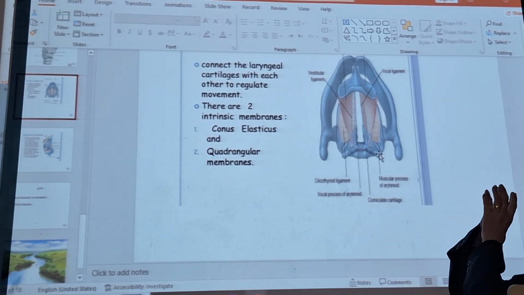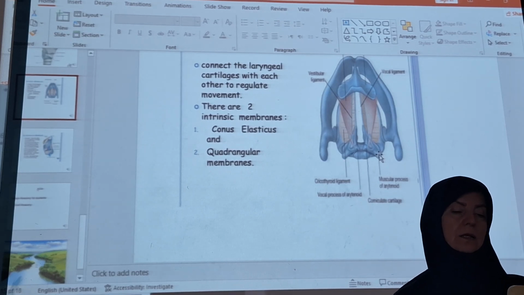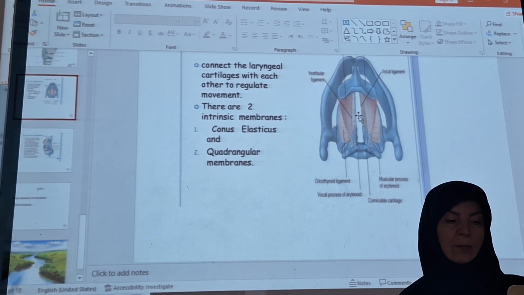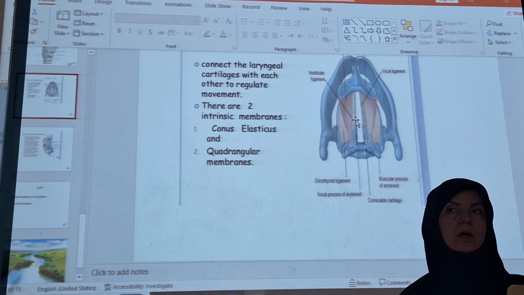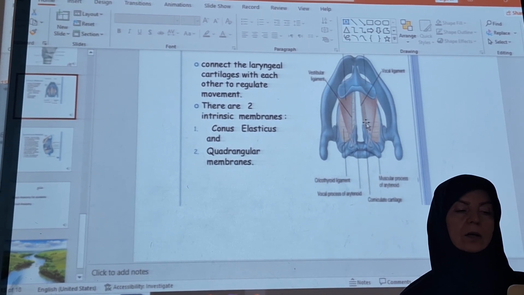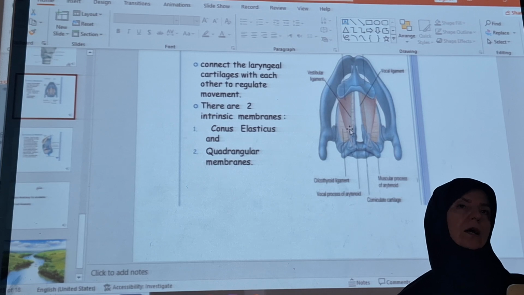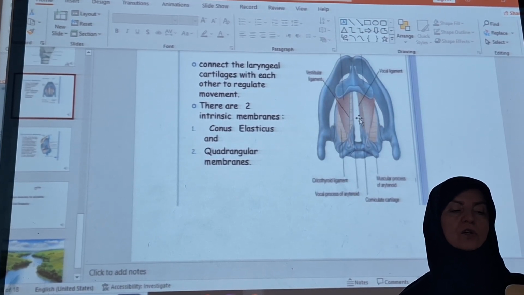Look at here from superior, we are going to look at the larynx. These two ligaments are near the midline. What's the name of this ligament? Vocal ligament. What's the name of this ligament? Vestibular ligament. The vocal ligaments are close to each other.